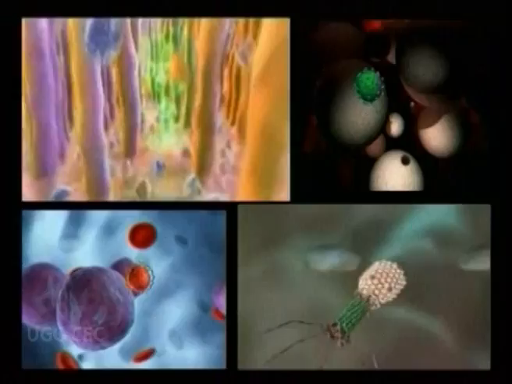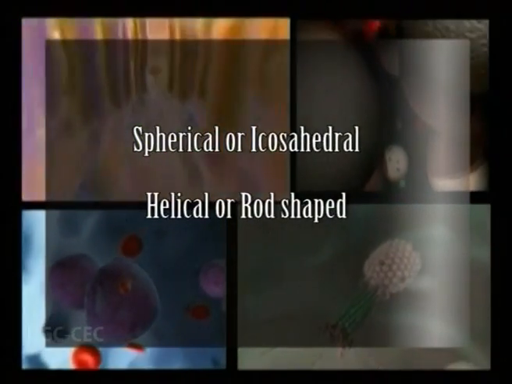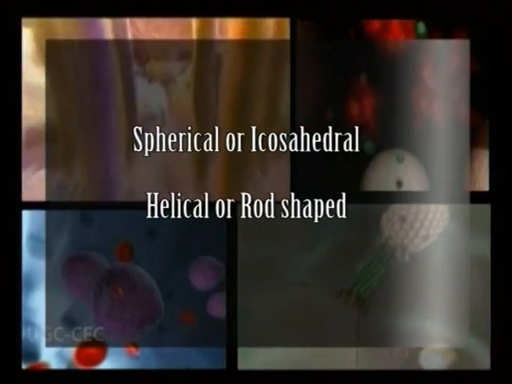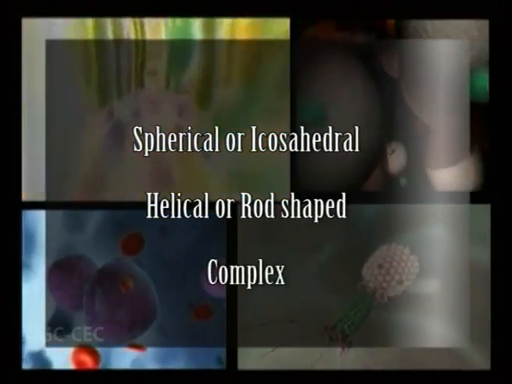Primarily, viruses have two kinds of symmetries, namely spherical or icosahedral and helical or rod-shaped. However, some viruses have binary symmetry, that is, they are partly helical and partly icosahedral. Therefore, viruses occur in three main shapes, namely icosahedral, helical, and complex.